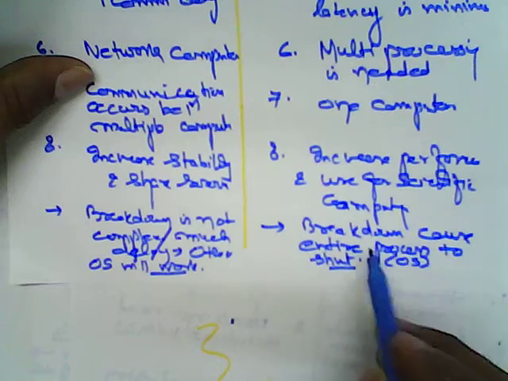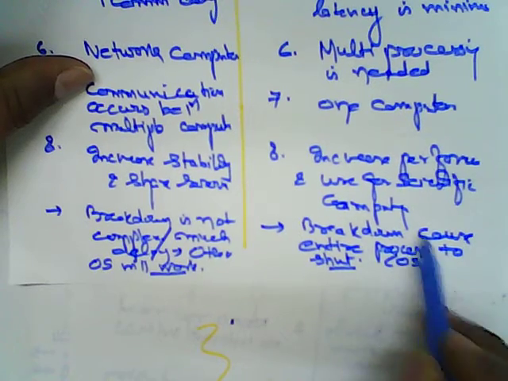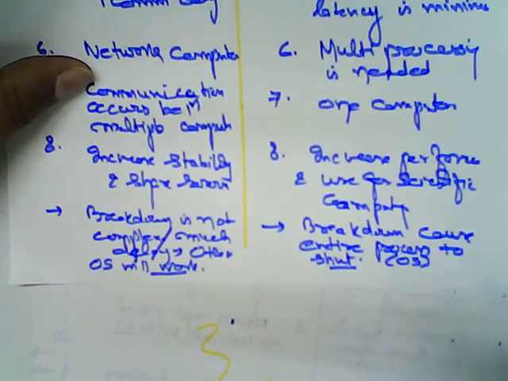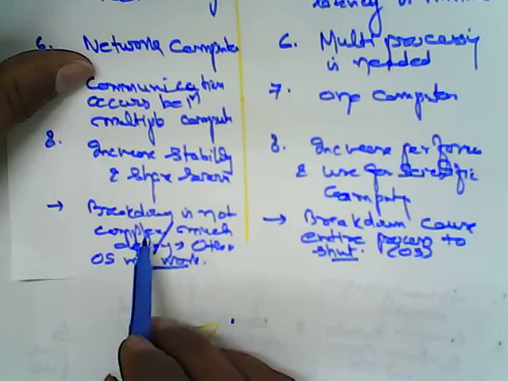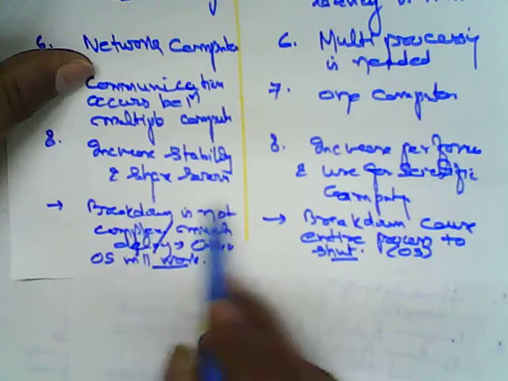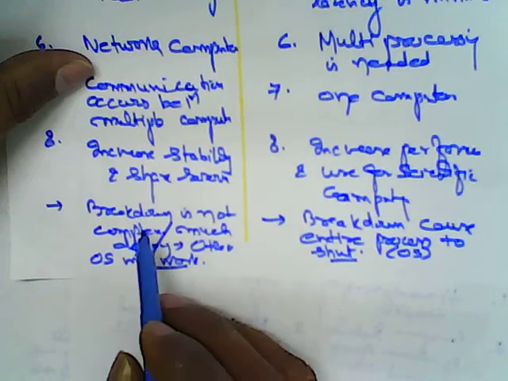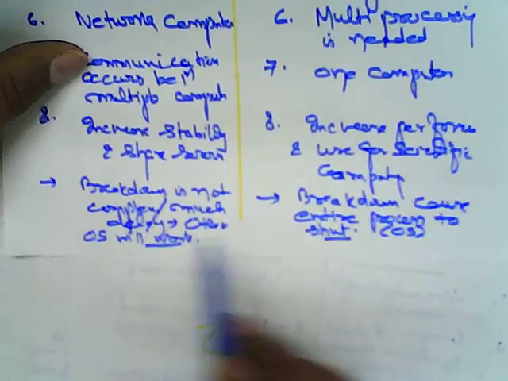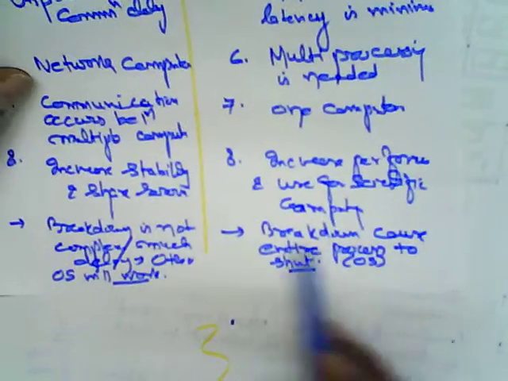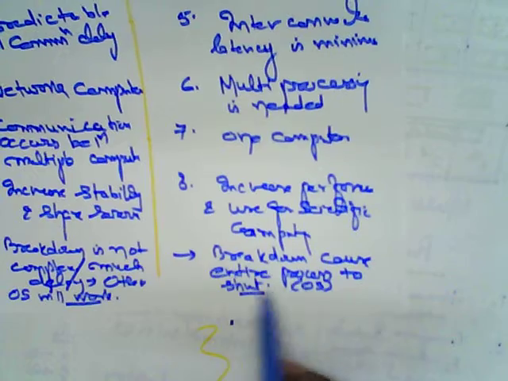Since here it is distributed, the CPU is distributed and the operating system is also distributed, so it is not complex. Whereas there are chances of complete breakdown in the case of parallel operating systems. Thank you.